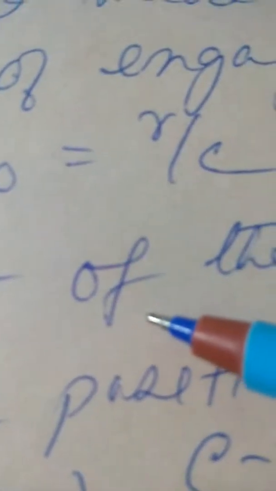At the start of the motion, at the mid position when theta is equal to 0, then omega will be equal to omega r into c minus r by c minus r whole square, which is equal to omega r by c minus r.